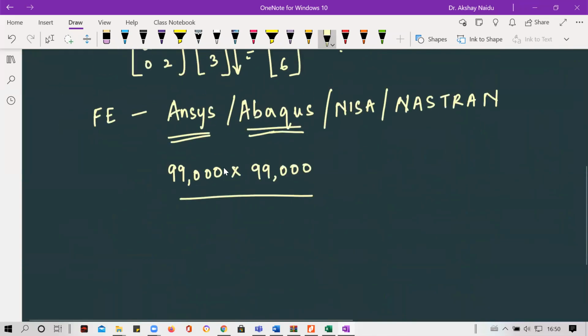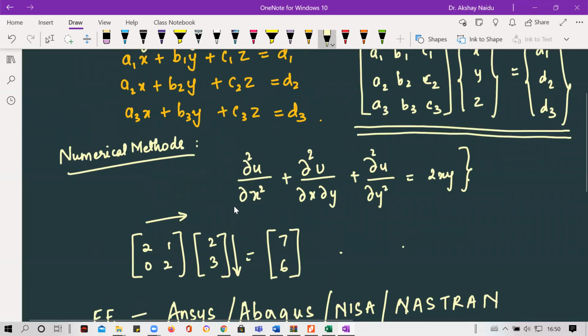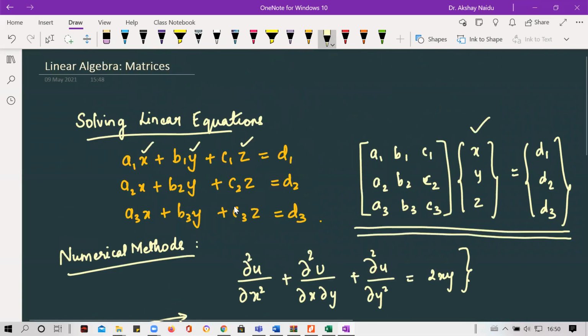In my master's, my whole master's project was to do matrix solving only, and I had to write code, programming using a programming language. I had to solve a matrix problem only.